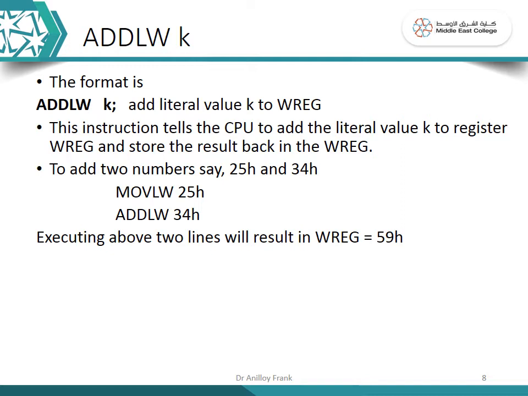If we have two instructions, MOVLW 25, it will copy the value 25 into the W register, and ADDLW 34 will add the value 34 to the W register. After executing these two lines, the W register will have the value 59.